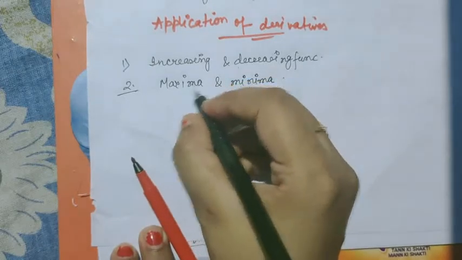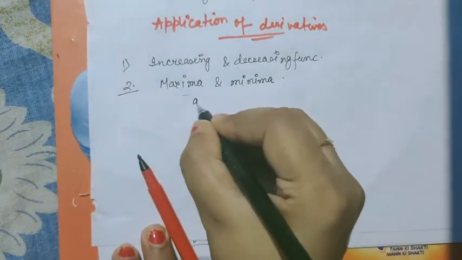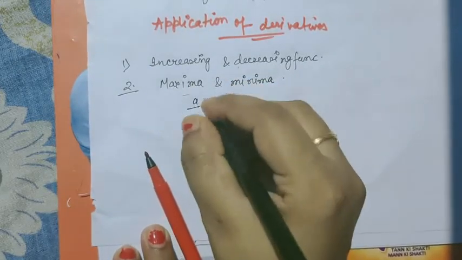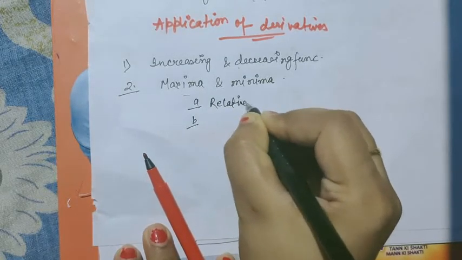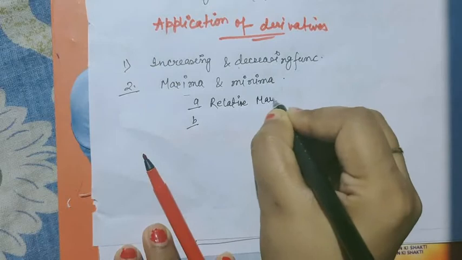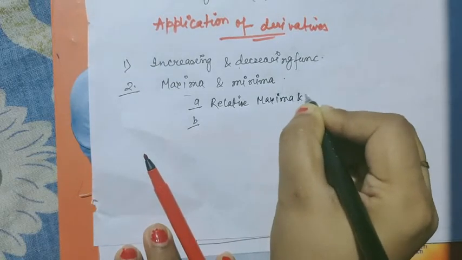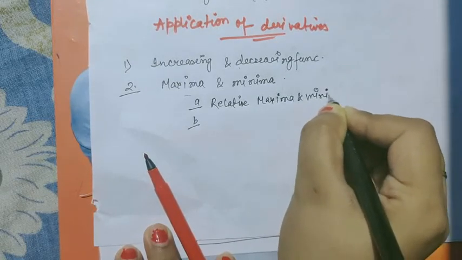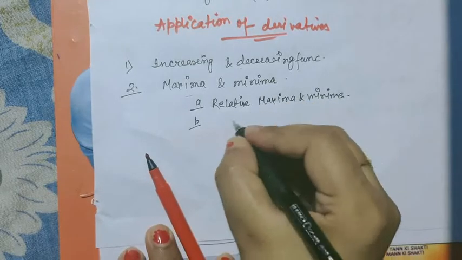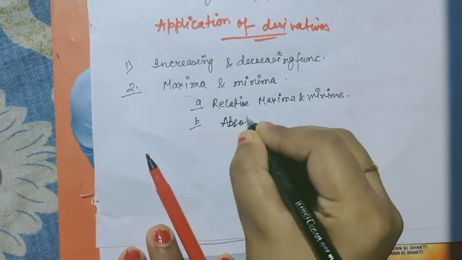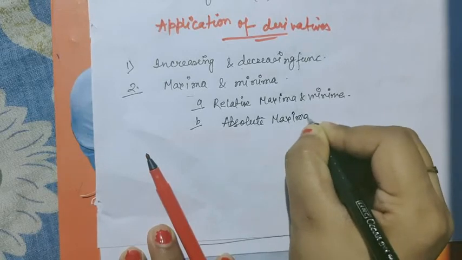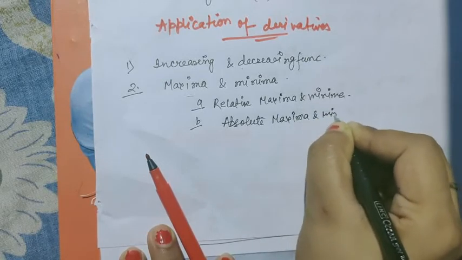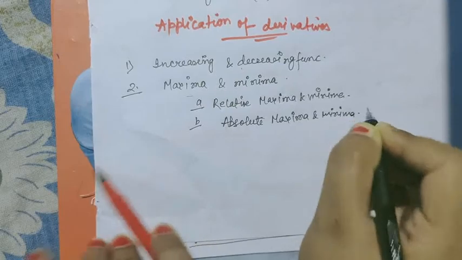In this also two sub points arise, that is relative maxima and minima, and second one is absolute maxima and minima.